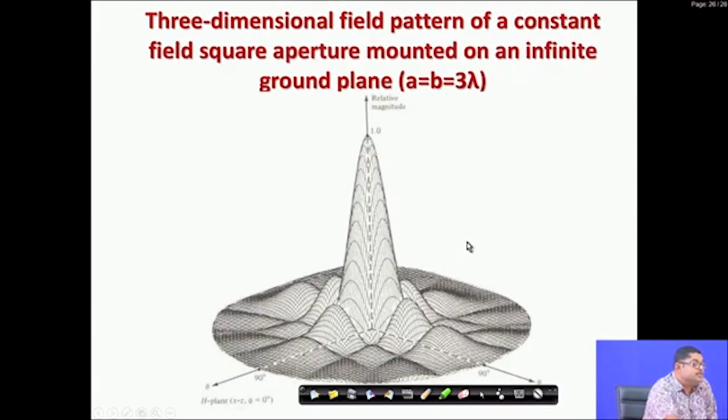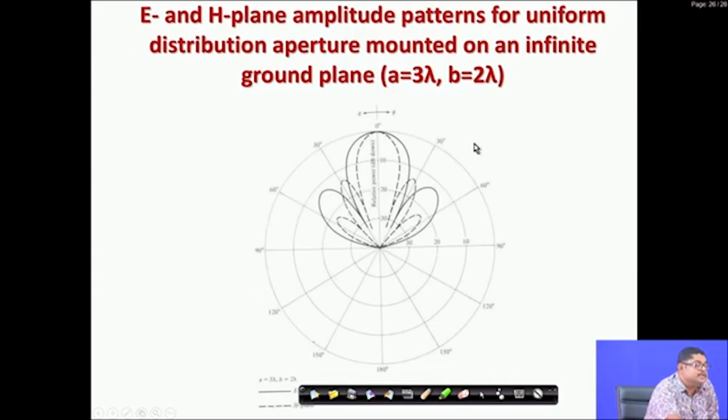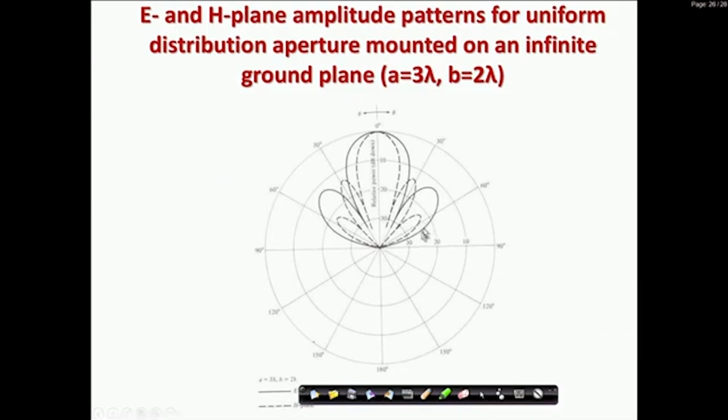So, this is a square aperture instead of a rectangular aperture. A B is equal to 3 lambda. Then these are the patterns. You see, the black one is the E plane and the dashed one is the H plane pattern. Now, since A is larger, that is why you see the H plane is narrower.